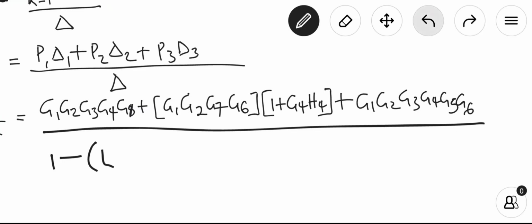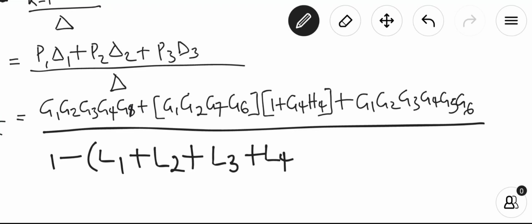You can still substitute the value in form of G, but I'll substitute it in form of L because those values are too long. You can do that one, you can complete it. L5 plus L6 plus L7 plus L8.